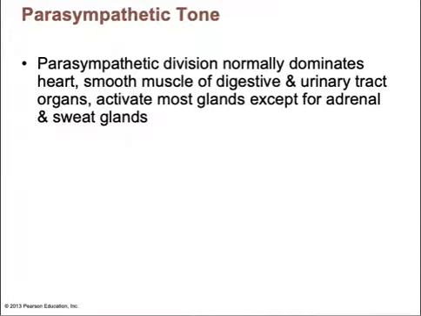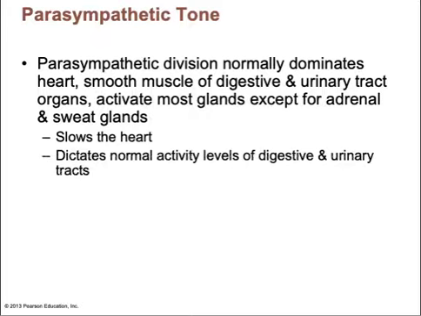Parasympathetic tone is going to dominate in the heart, the smooth muscle of the GI and urinary, and activate most glands with the exception of the sweat glands and the adrenal medulla, right, which you know are exclusive targets of the sympathetic division of the autonomic nervous system. It's going to slow the heart.